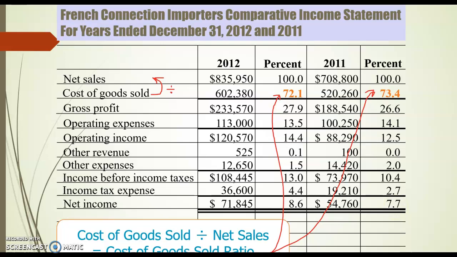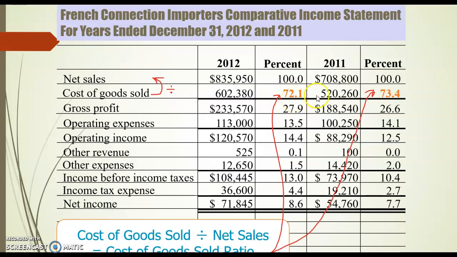Now, once we have those calculations made, then we're taking a look at how the percentage changed over time. So the cost of goods sold used to be 73.4% of sales. Now it's 72.1% of sales. And we saw that also with horizontal, that the cost of goods sold went up, but it went down compared to sales, how much sales went up.